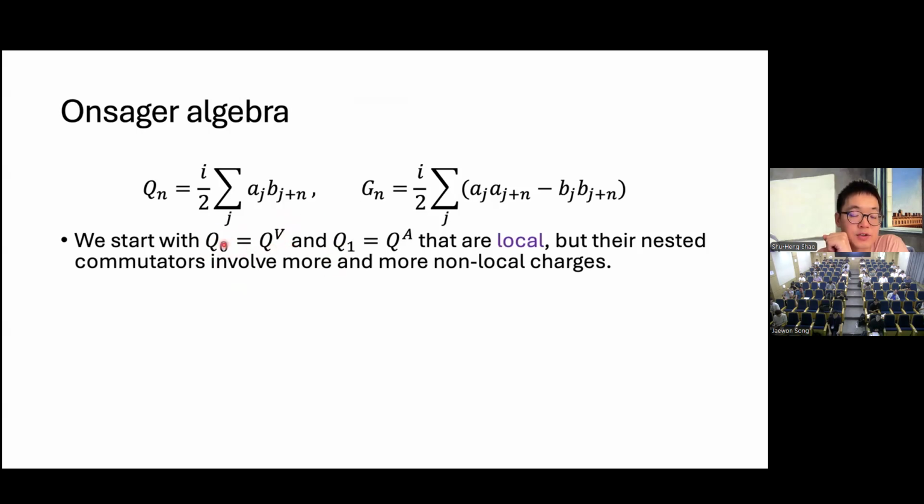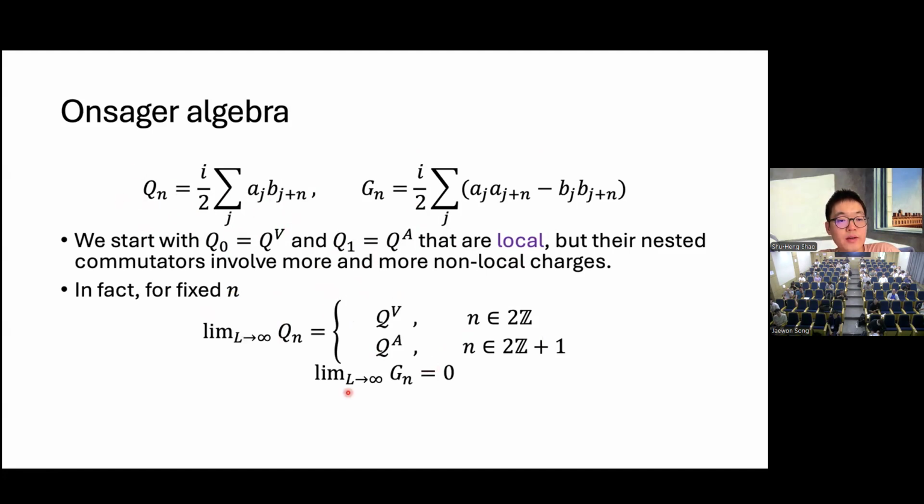QV, which is the same as Q0, acts entirely on site. QA is locality preserving. It's not quite on site, but it only mixes the fermion with its nearest neighbor. But the moment you take the commutator between them, the right-hand side will become more and more non-local.